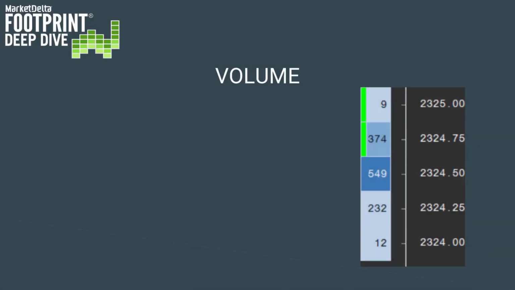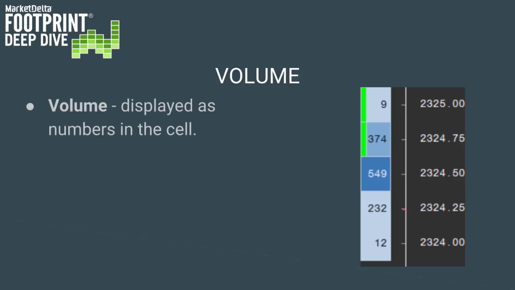Volume. So this is the same graphic we just looked at, except this is actually the volume footprint. All it does is total up or show the total of the volume that traded at each price. So you see it like it says here, displayed as numbers in the cell.